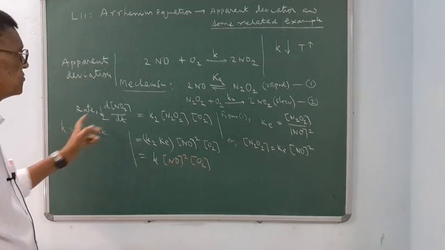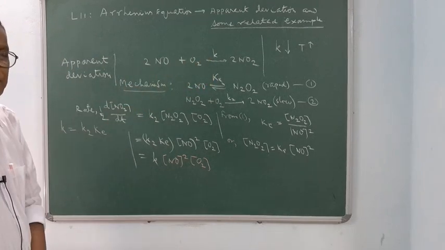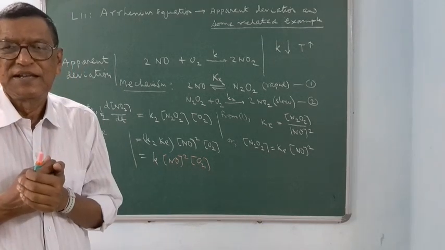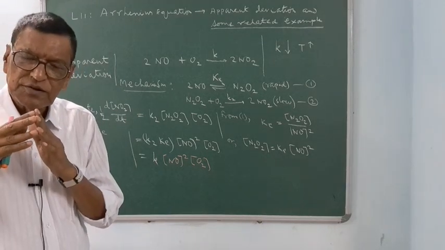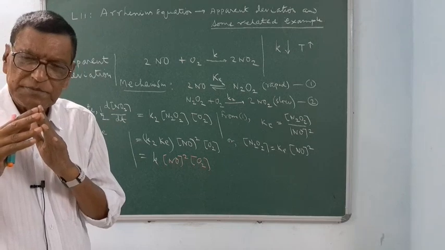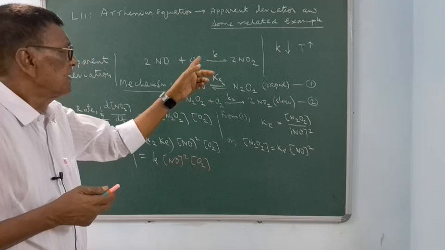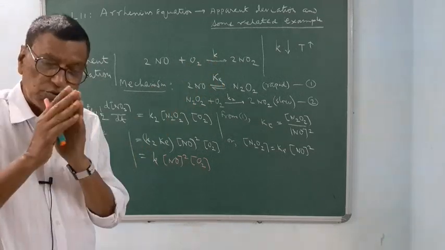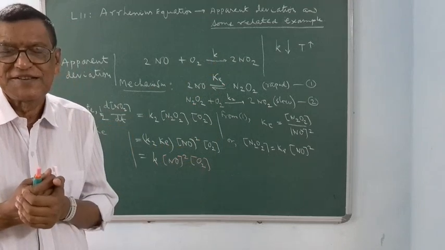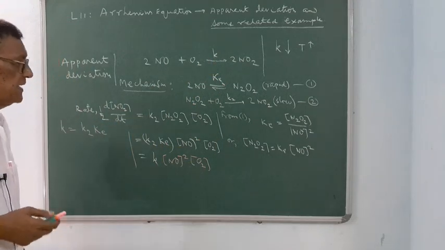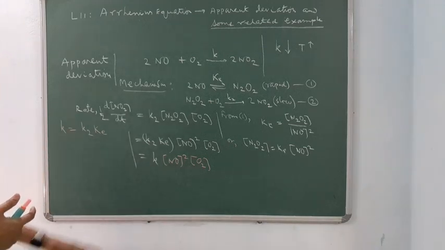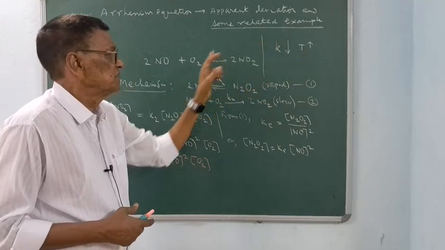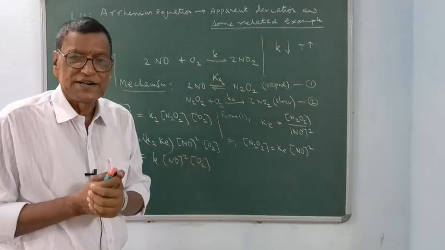So you see, the observed rate constant could be determined experimentally. If we measure the rate constant of this reaction at two different temperatures, then it is found that with the rise of temperature, the rate constant of this reaction decreases.